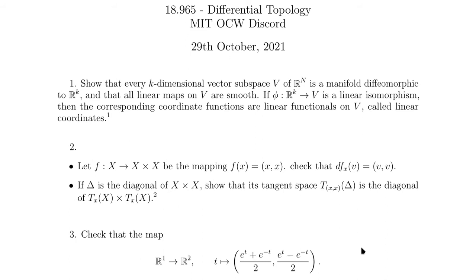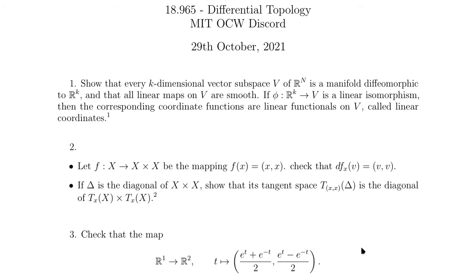My thought is that if we form an orthonormal basis for Rn, where e1 through ek span V, and the remaining vectors are orthogonal to V, then we can form a map from all of Rn to R just by dotting a vector with e sub i, where i is between 1 and k.